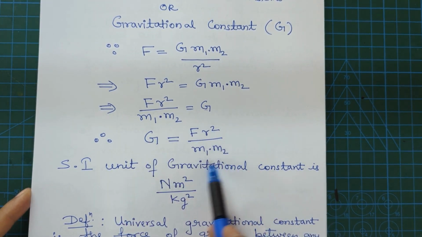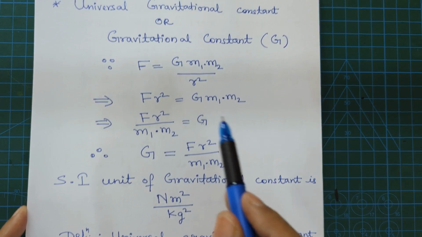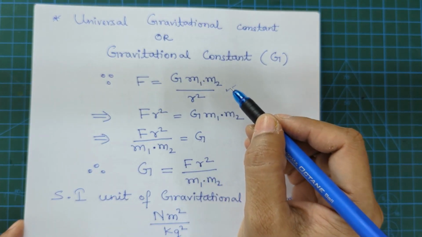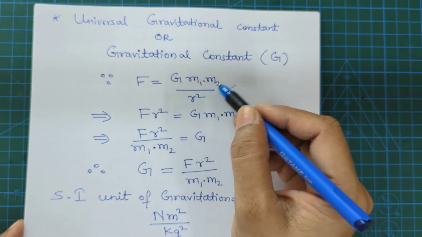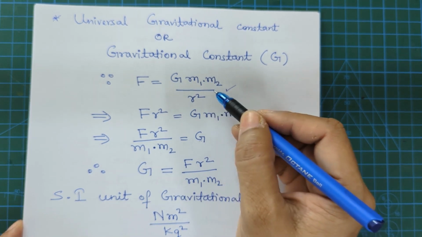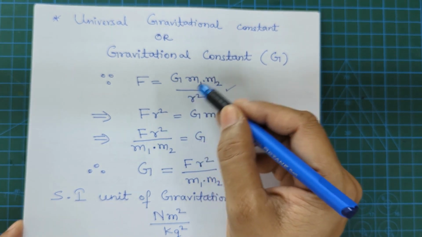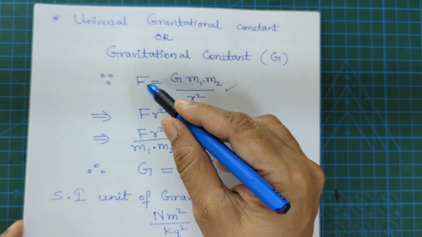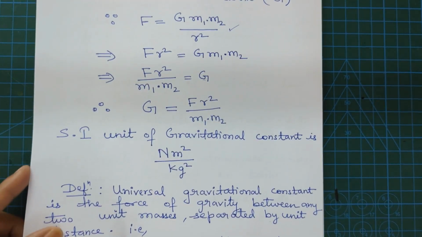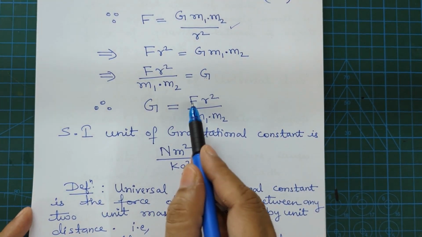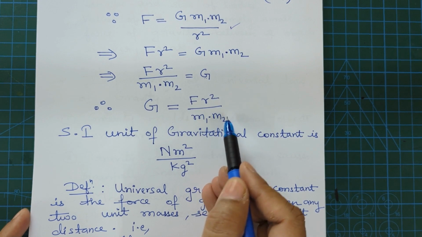But you are not supposed to learn this by heart. You only remember Newton's law of gravitation, that is F is equal to G m1 m2 by r square, and whenever we want the value of G, we can figure it out in terms of F, r square and m1 m2. So G is equal to F r square by m1 into m2.